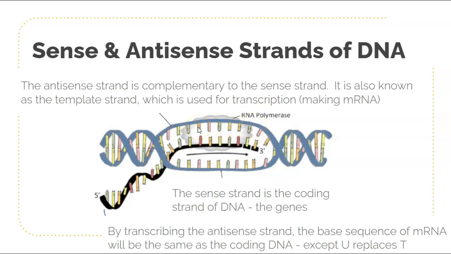However, when the mRNA uses it as its template strand, it gets the complementary base pairs of this antisense strand, which is the same as the sense strand, which means that the antisense strand is used as the template for going through transcription because the nucleotide base order that is created from the antisense strand is the same as the sense strand of DNA, which means that the strand of mRNA that is being created is the strand that has the correct coding for the genes.